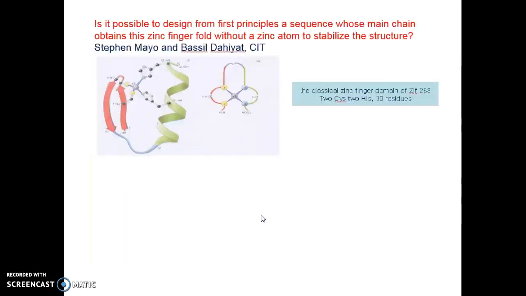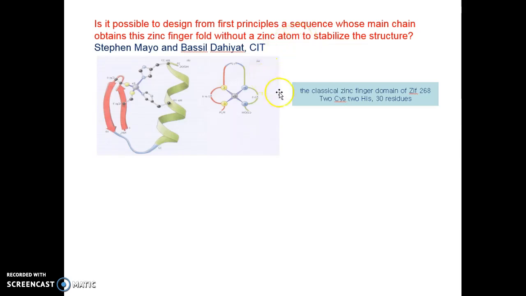So here is a good example approached by two scholars at Caltech. They asked: is it possible to design, from first principles, a sequence whose main chain obtains the zinc finger fold without a zinc atom to stabilize the structure?